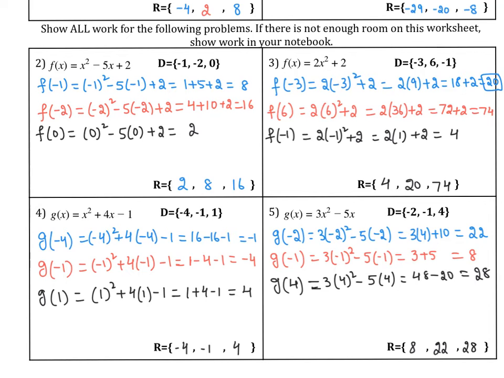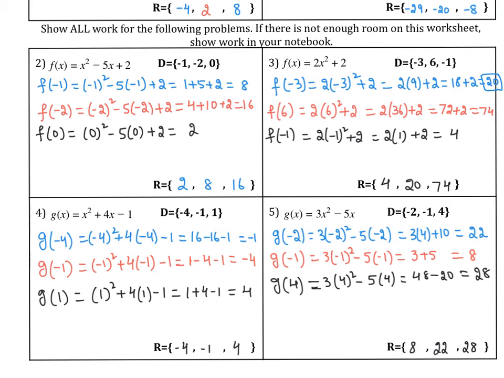So now number 5. So first x value is negative 2. You're going to plug it in for x values here. And g of negative 2. So you always read it as g of negative 2. 3 times negative 2 squared minus 5 times negative 2. So 3 times negative 2 squared means 4. 3 times 4 plus 10 equals 22.